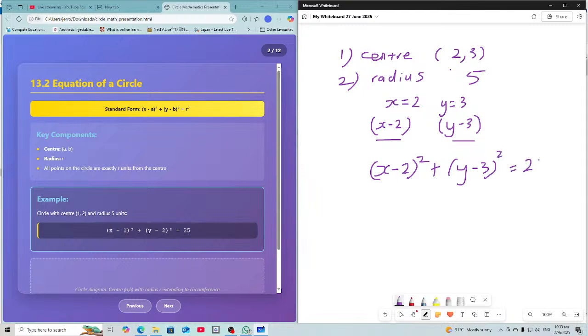This is pretty straightforward, am I not right? This is what you see all the time that we are practicing. So when it is about circles, the geometry of it, let's be real, let's know our center coordinates as well as our radius. This is something we need to know.